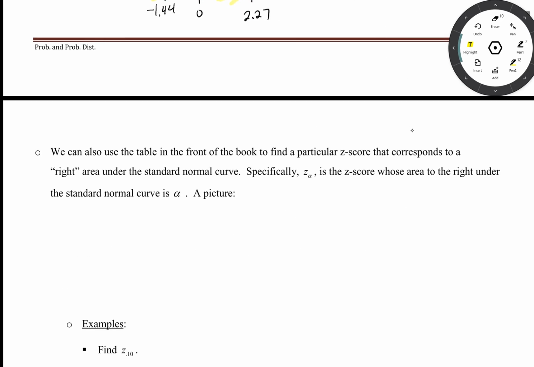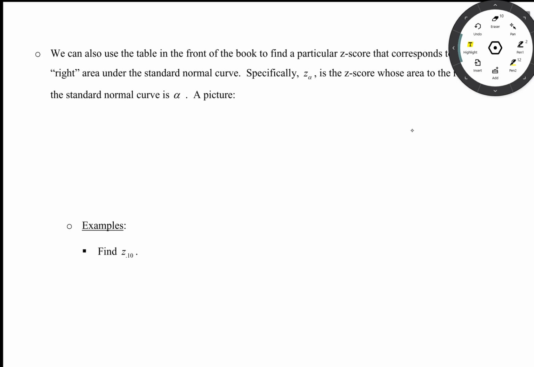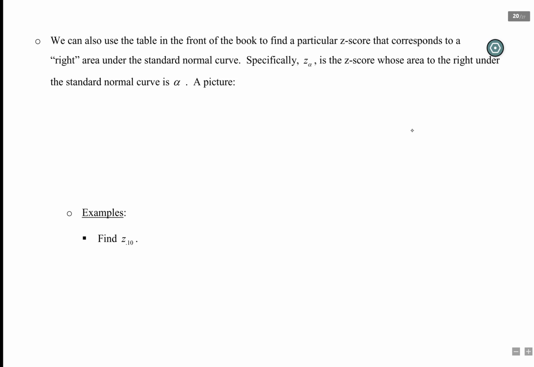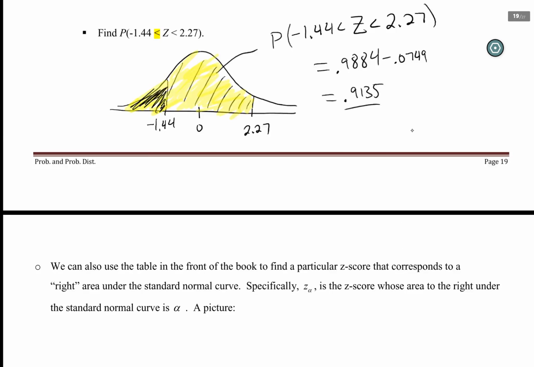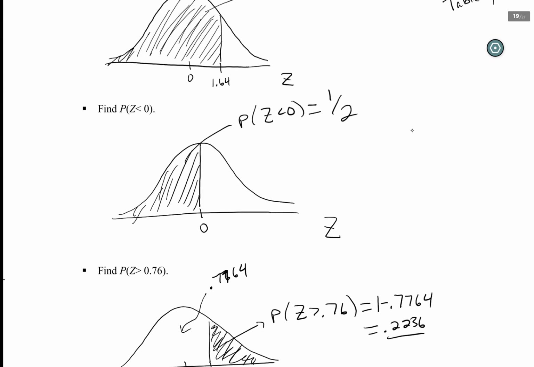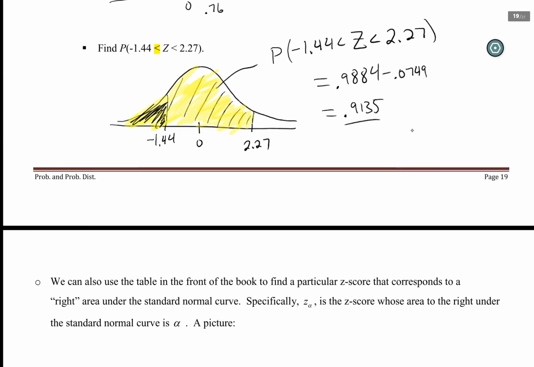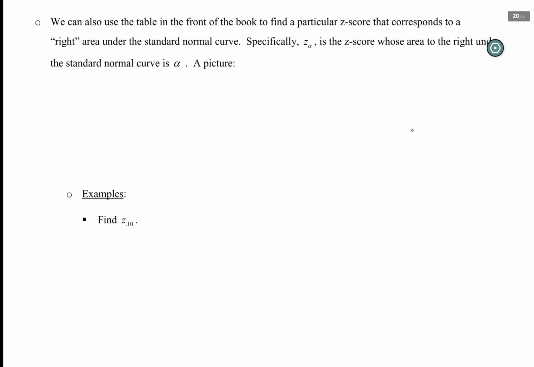Okay, we can also use the table in the front of the book to find a particular z-score that corresponds to a right area or a right probability. This page here dealt with finding an area given a z-score. Now we want to find a z-score given an area.